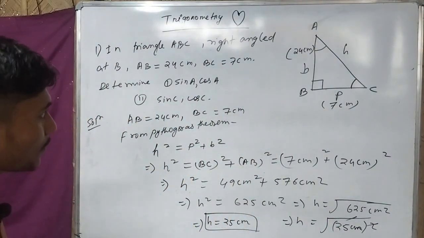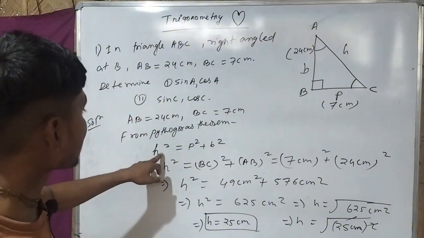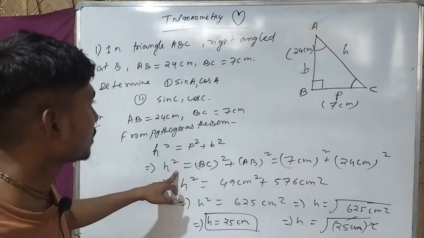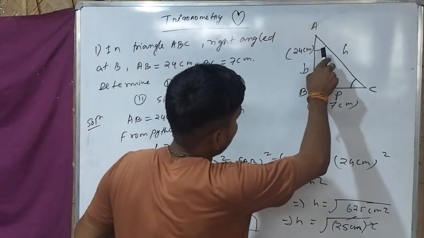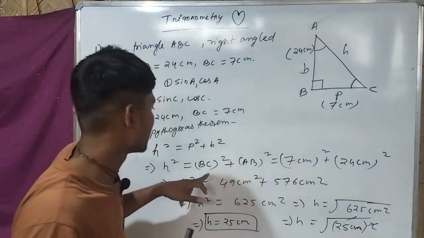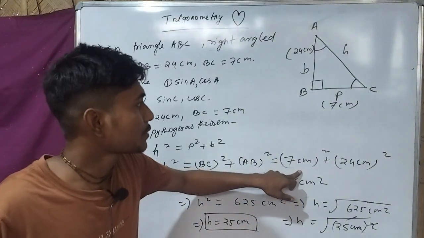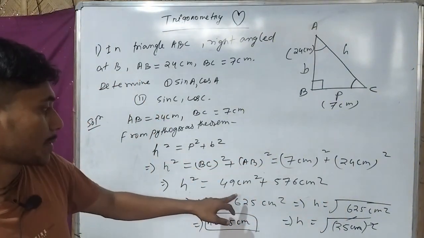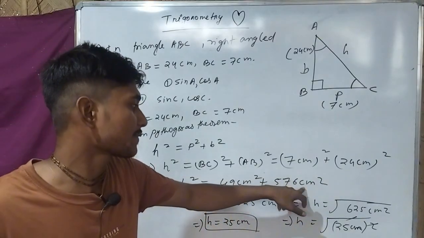Again, I will explain. h square equals p square plus b square from Pythagoras theorem. According to angle A, BC is the perpendicular and AB is the base. So BC square plus AB square: BC is given 7 and AB is given 24. 7 square means 49 and 24 square means 576.